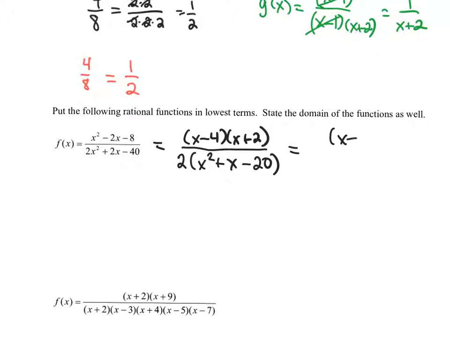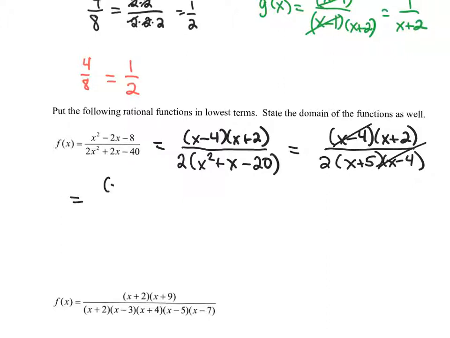And then I could factor the remaining trinomial in the denominator. So (x minus 4)(x plus 2) over 2(x plus 5)(x minus 4). So you can see that I can cancel this out. So my rational function in lowest terms is going to be x plus 2 on the top, a 2, and an x plus 5 on the bottom.